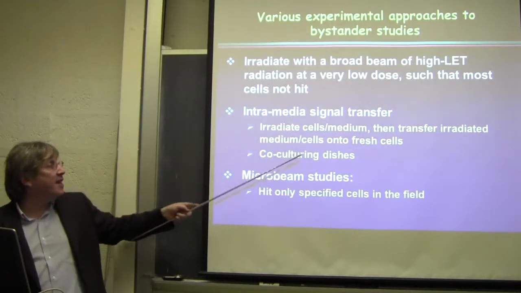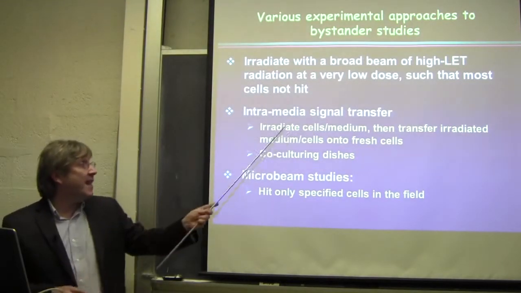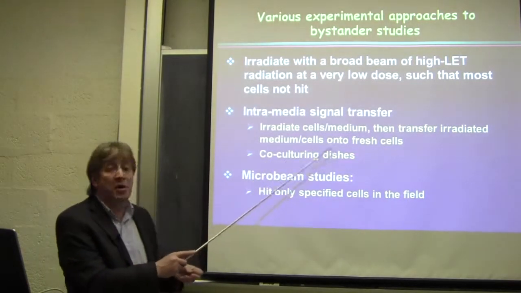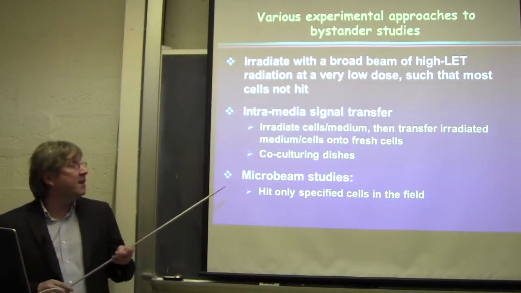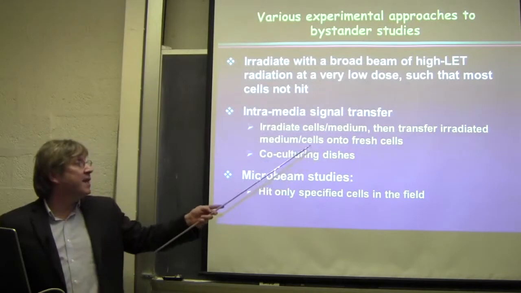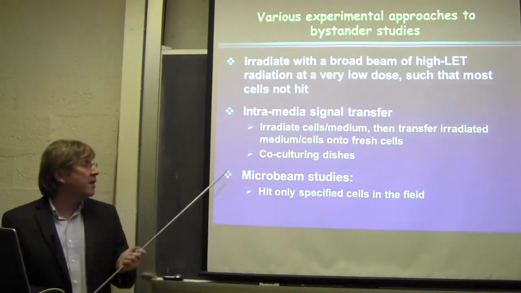There have been a lot of studies with media transfer, where you irradiate cells and medium, and then you just take the medium and put it on top of fresh cells, with the hope that the molecules providing the signal are actually in the medium, and you'll see the effects in fresh cells.